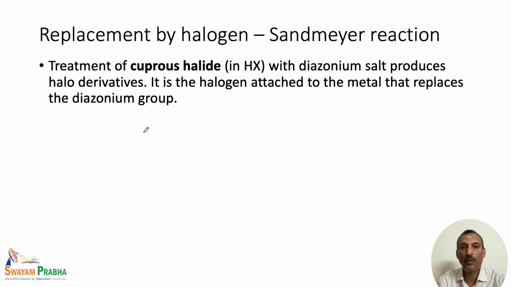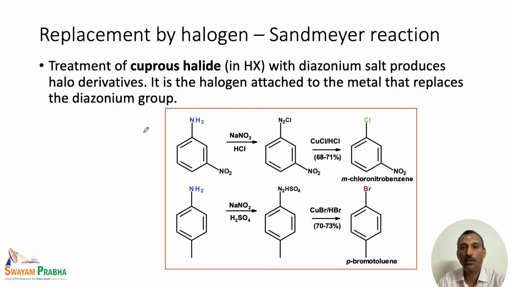The next one is replacement by halogen. Here let us look at the Sandmeyer reaction. On treatment with cuprous halide in the presence of HX acid, the diazonium salt is converted to the halo derivative. The amino compound is converted to the diazonium salt in the first step, and treatment with cuprous halide and HCl produces the corresponding halo derivative.